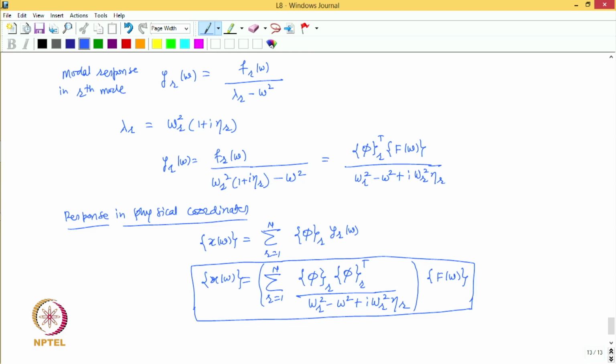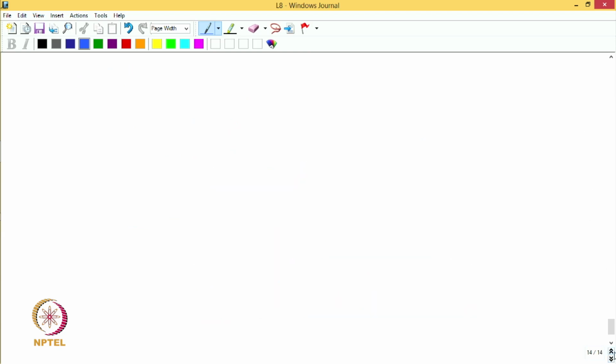Now, let us find out for the non-proportional case. So, let us do it for the steady state response, by modal analysis for non-proportional damping case.